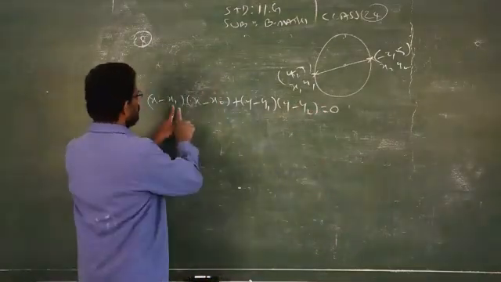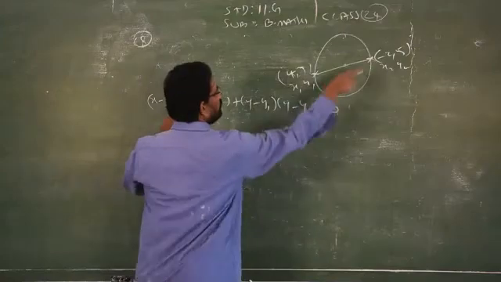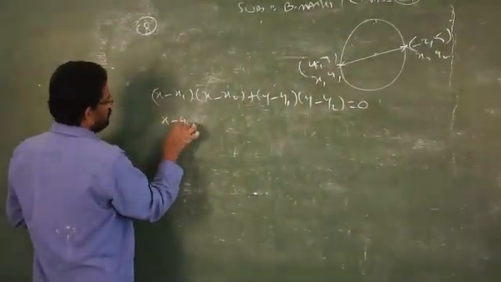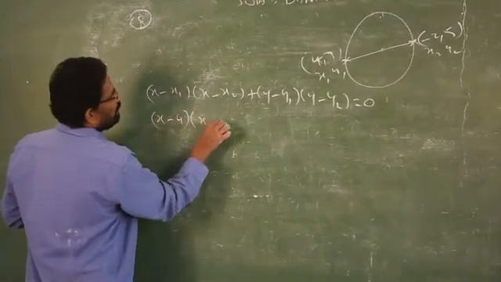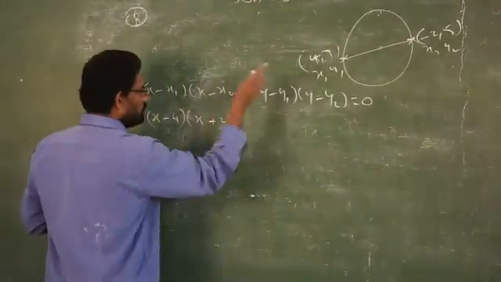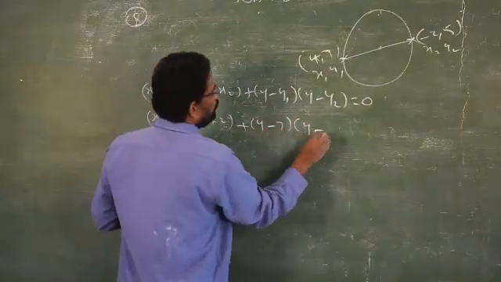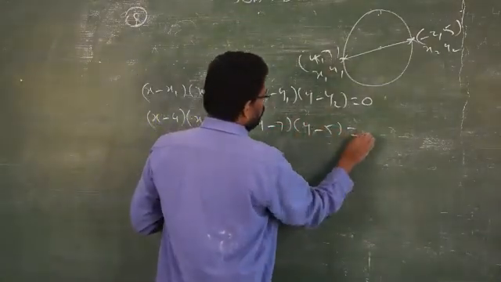Just replace x1, x2, y1, y2 from the given points. You will get x minus x1, that is 4, x minus x2, that is plus 2, minus into minus plus, then y minus y1 into y minus y2, that is equal to 0.